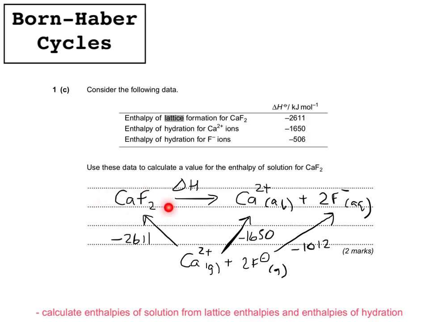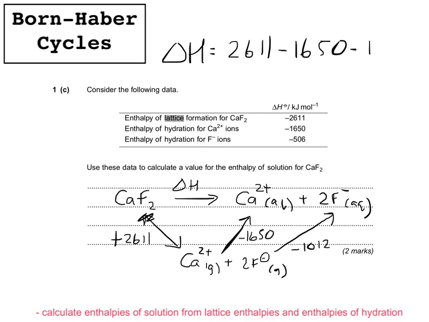Then we're trying to get from here to here, so we're going to go down this and back up this side. So this arrow needs swapping around, make that positive, and then to work out delta H, we just add together these values. So we've got 2611, take away 1650, take away 1012. And that gives us an enthalpy of solution for calcium fluoride of -51 kilojoules per mole.